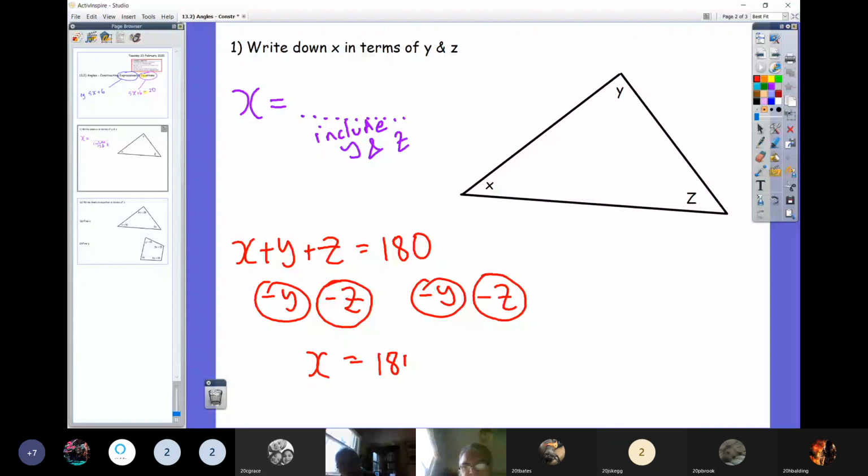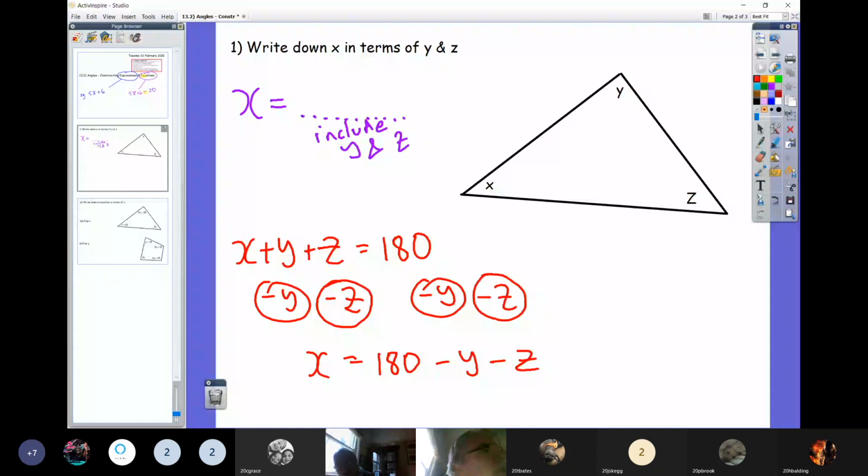Okay, so all I've done there, my first line in red, I've started off with my fact that I know. I know that the angles in a triangle add up to 180. So I know that x plus y plus z equals 180. The question's asking me to write down x in terms of y and z.